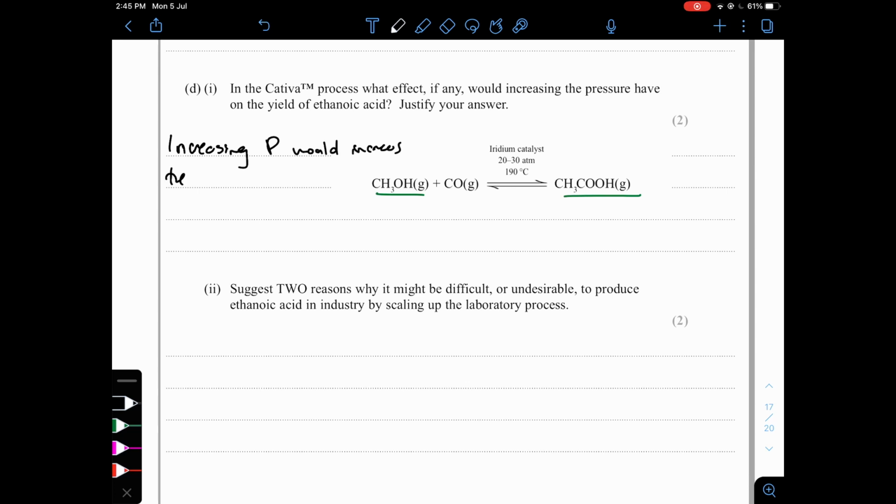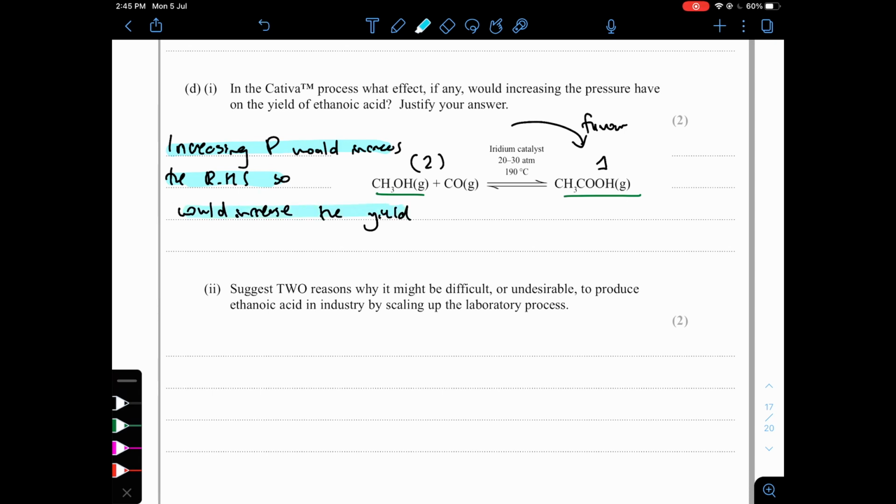You can see over here we have 1 mole, and 2 gaseous molecules here, so it would favor the right hand side. Increasing pressure would increase the right hand side, so it would increase the yield.